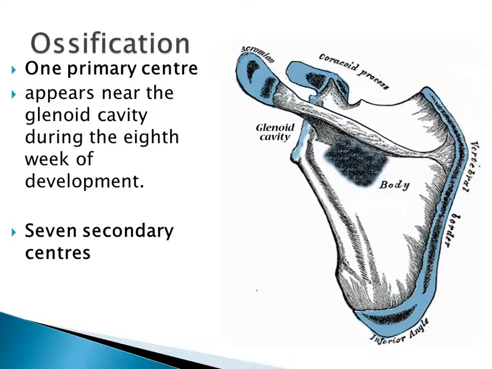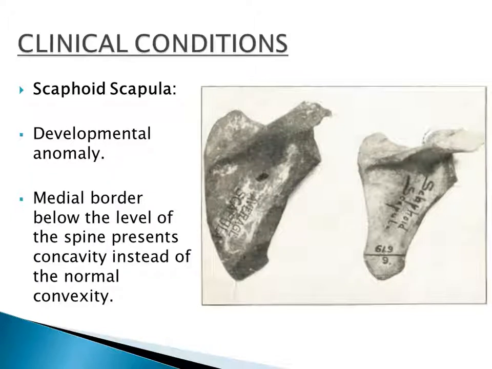The scapula ossifies from one primary center which appears near the glenoid cavity during the 8th week of development. It has 7 secondary centers of ossification. Clinical conditions. There is a condition which is called as scaphoid scapula, a developmental anomaly in which the medial border of the scapula below the level of spine presents a concavity instead of the normal convexity.